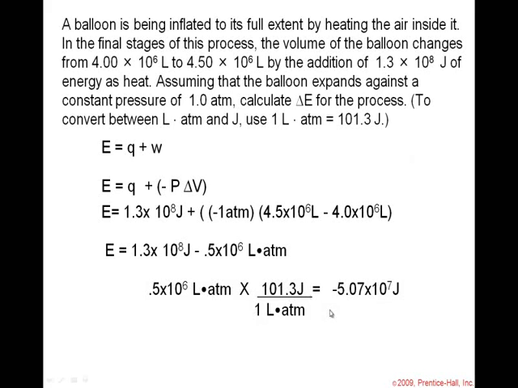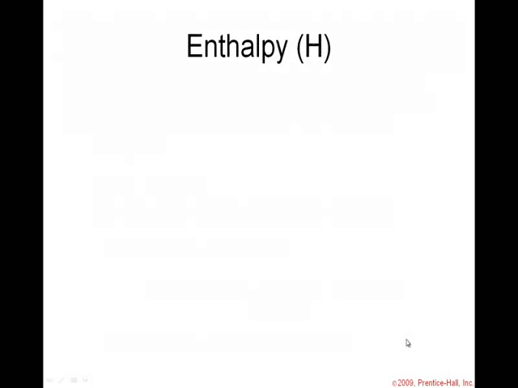It's a common area where students lose points. So this is the energy associated with the work, and if I add that to the energy from the heat, I get a total of 7.9 times 10 to the 7th joules.